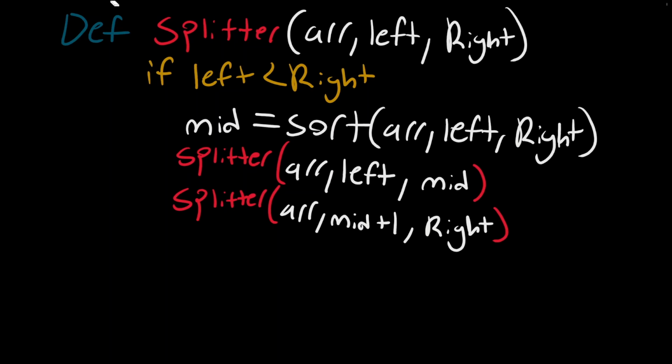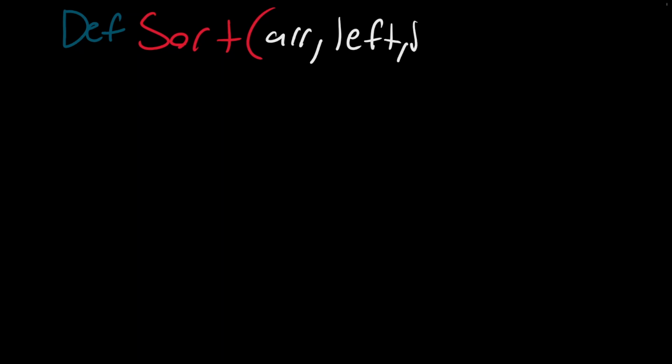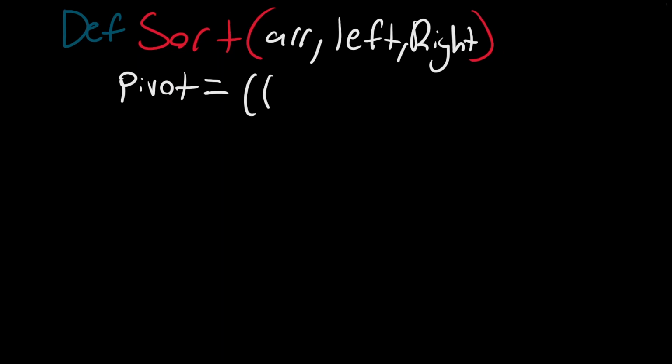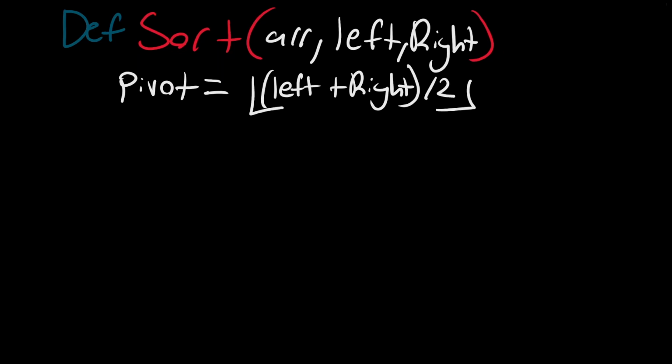Let's move on. Now we're going to create the sorting part of the algorithm. We're going to do sorts, and we're going to take the array, the left barrier and the right barrier. As we saw before, at the beginning of our step we create that pivot. We calculated the pivot by saying left plus right, divided by 2, and then we're going to floor this.